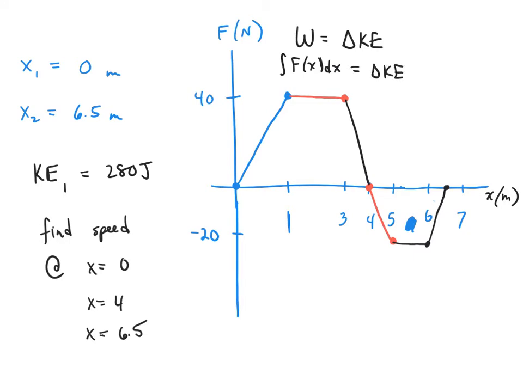And where are we going? From what x position to what x position are we interested in for the first part? 0 to 1 meters. So we know the change in kinetic energy from 0 to 1 meters is some value.